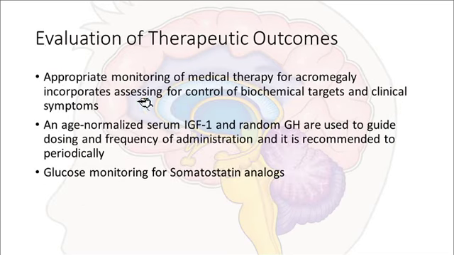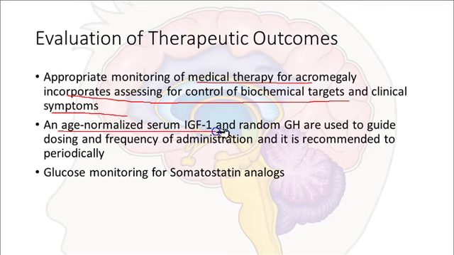So, evaluating therapy. Appropriate monitoring of medical therapy for acromegaly incorporates assessing for control of biochemical targets and, of course, clinical symptoms. An age-normalized serum insulin-like growth factor 1 concentration must be checked, as well as a random growth hormone level.